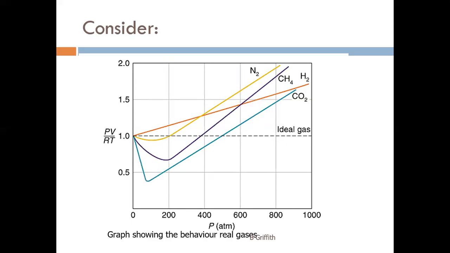Real gases, nitrogen, methane, hydrogen, and carbon dioxide, deviate considerably from ideal gas behavior. They all, however, have a point at which they behave ideally. Can you see when that is? At which point do all of these gases behave ideally?